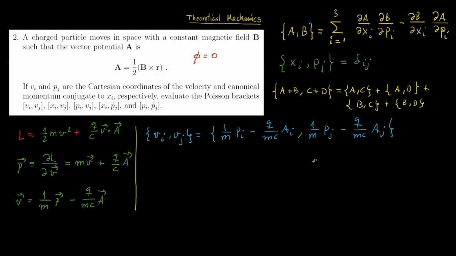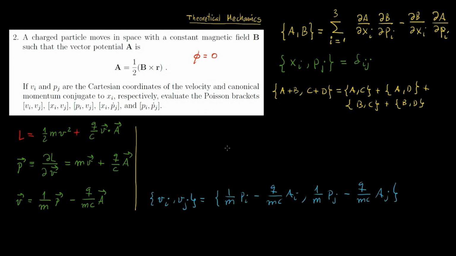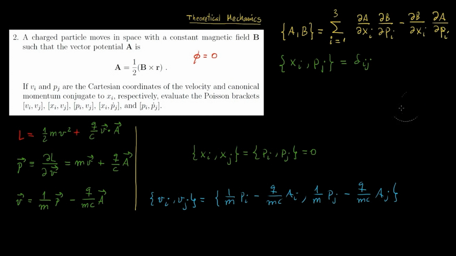But there is another important property which Santi will teach you today, I think, that {x_i, x_j} equals {p_i, p_j} equals 0. Let me delete this because you already know.